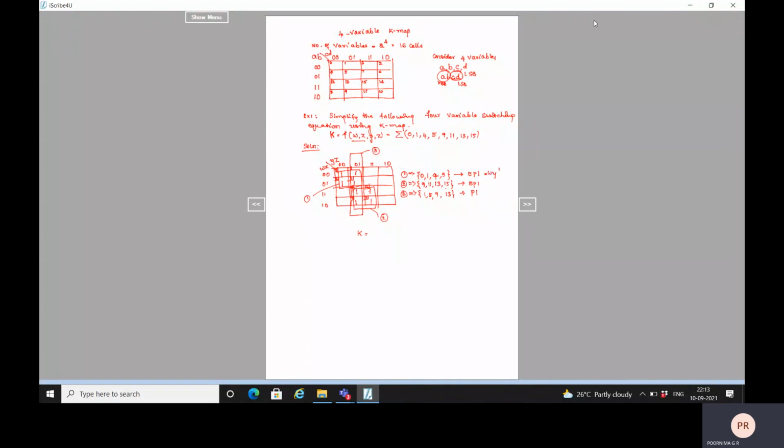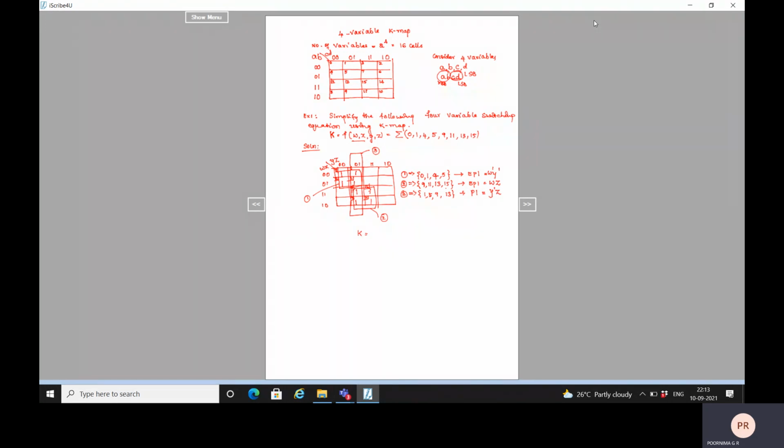So therefore, w bar y bar. If the second group is considered, between rows, w is common. Between columns, z is common. So that gives w z. And the prime implicant, if considered, is only y bar z.